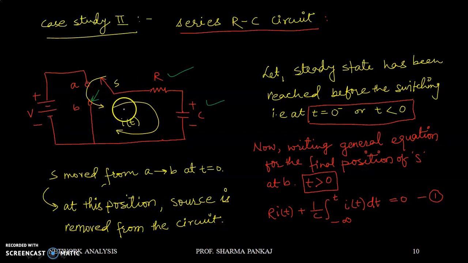As long as this capacitor is connected to point A, it will get charged up to the level of this voltage V. This is the property of the capacitor. The whole supply voltage will charge this capacitor up to its level V. Let us assume the switch is moved from position A to B at time t is equal to 0.